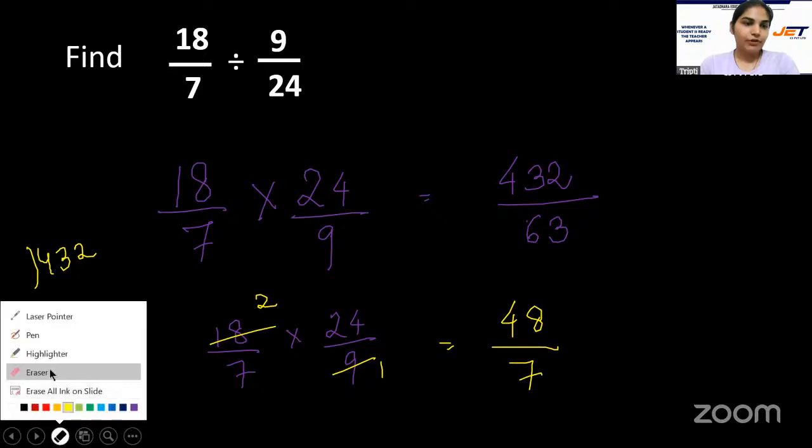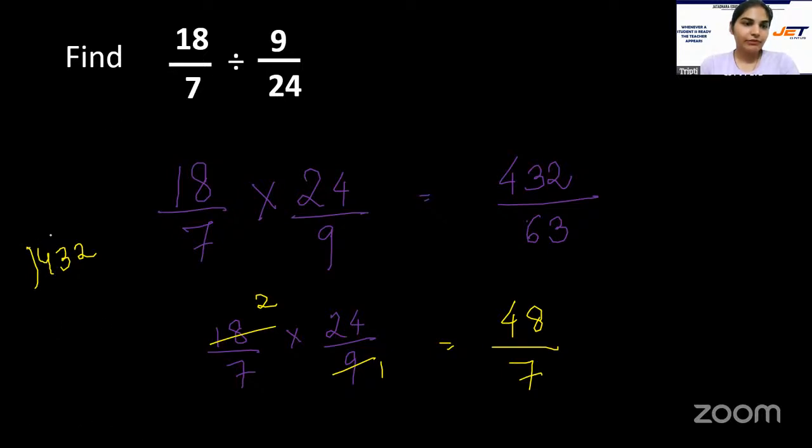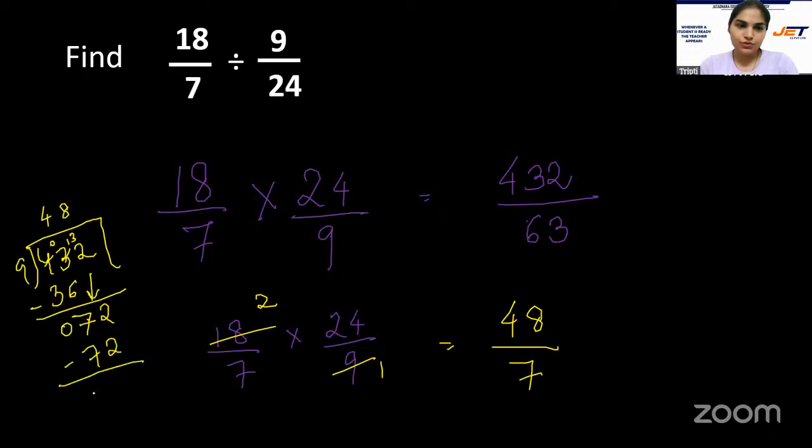Yeah, 432 divided by 9 we will do. 9 times 4 is 36. 13 minus 6, 7 and 2. 9 times 8 is 72.